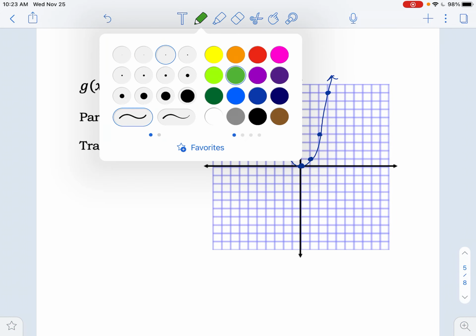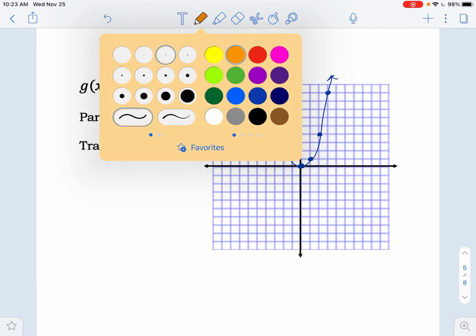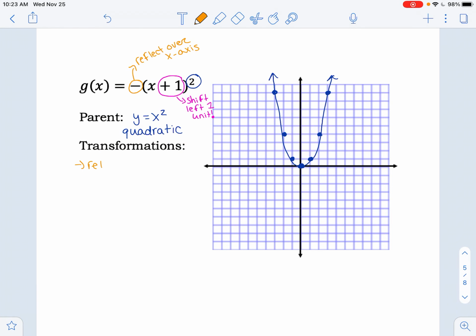And then I have a +1 on the inside. This is going to shift left 1 unit because it's an inside change. Right? So those are my transformations. Reflect over the y-axis, or the x-axis, excuse me, and shift left 1 unit.